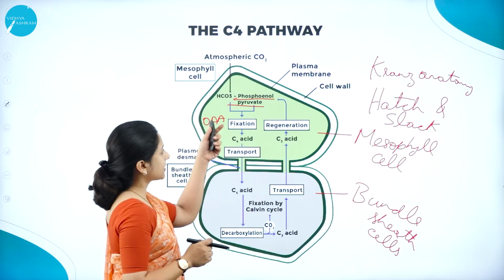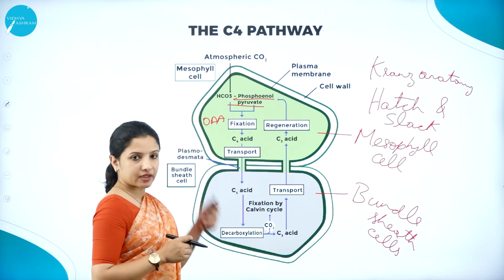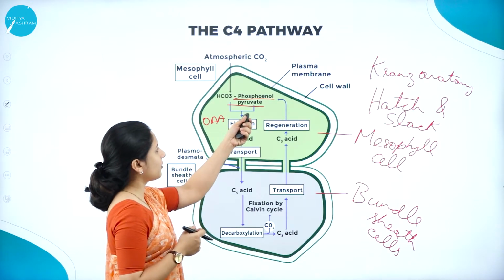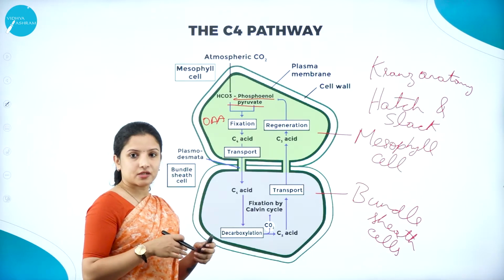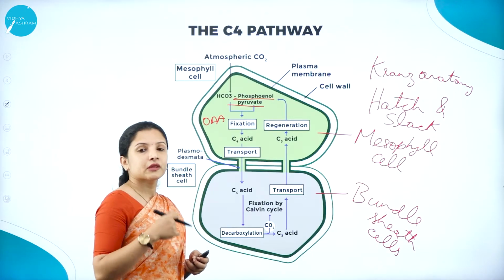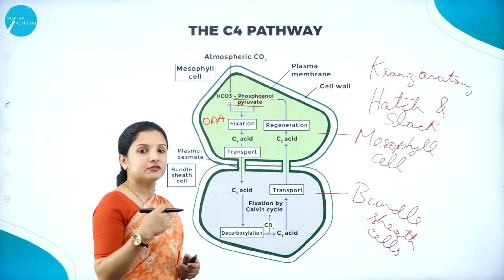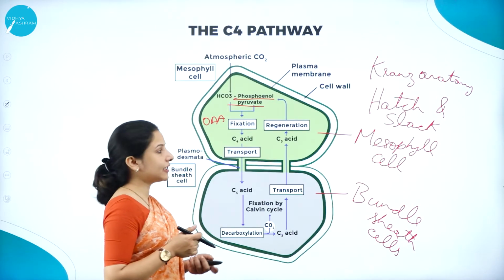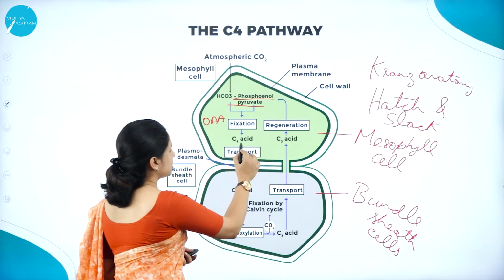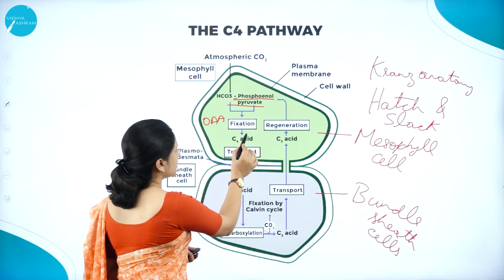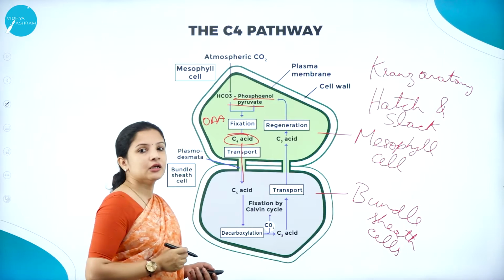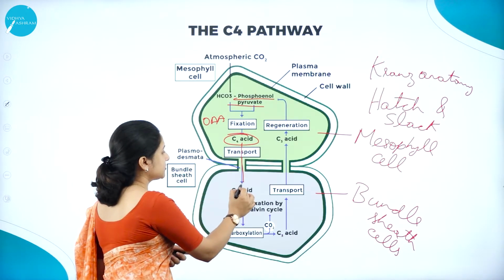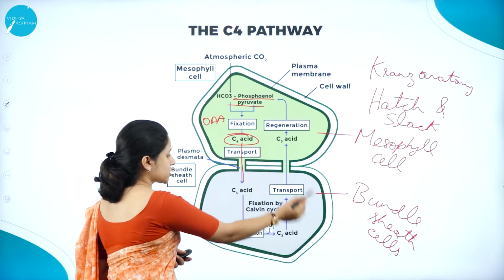So, what did I tell? The atmospheric carbon dioxide will be assimilated by phosphoenol pyruvate and fixed into a very stable 4-carbon compound, oxaloacetic acid, and that will be transported. They have written here C4 acid. It is nothing but the 4-carbon oxaloacetic acid, and that will be transported into the bundle sheath.